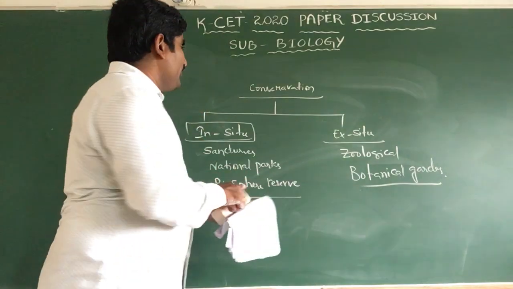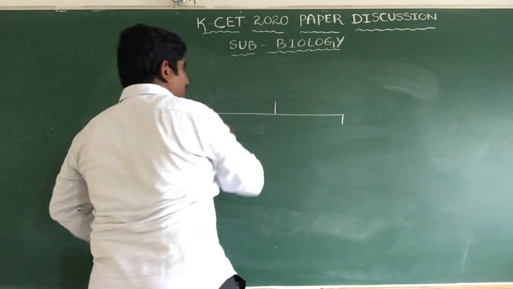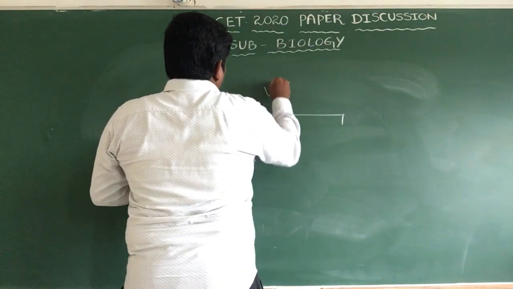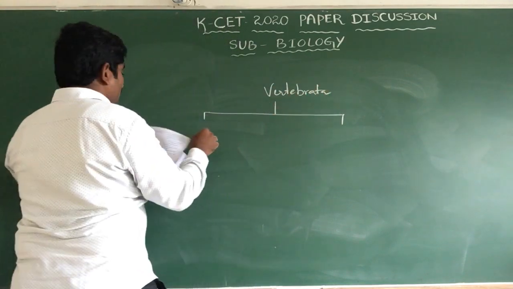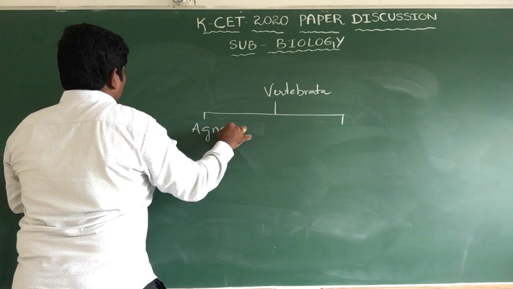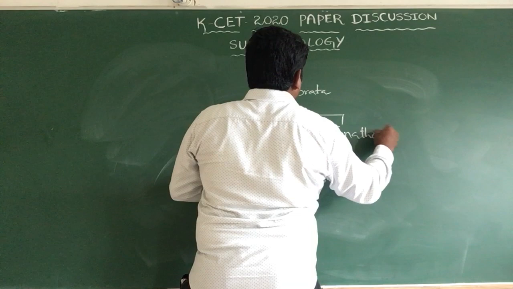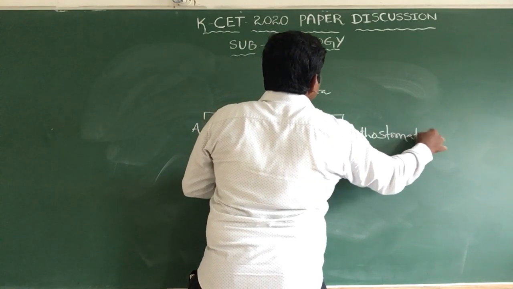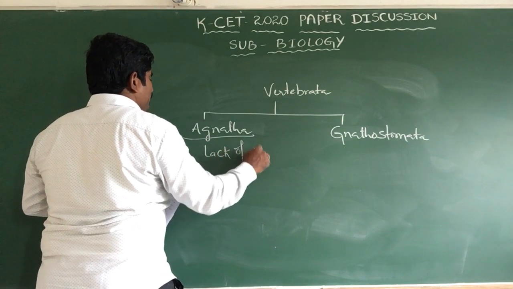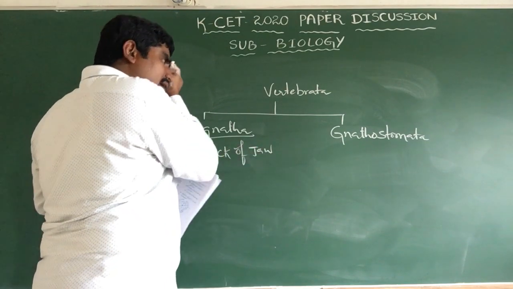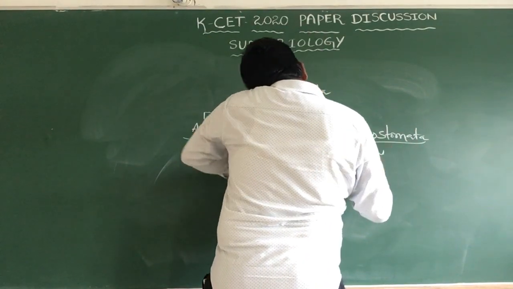Next one is the Vertebrata. Now let us see this Vertebrata. It is divided into Agnatha and Gnathostomata. Agnatha means lack of jaws, lack of jawbone, and Gnathostomata means with jaws.